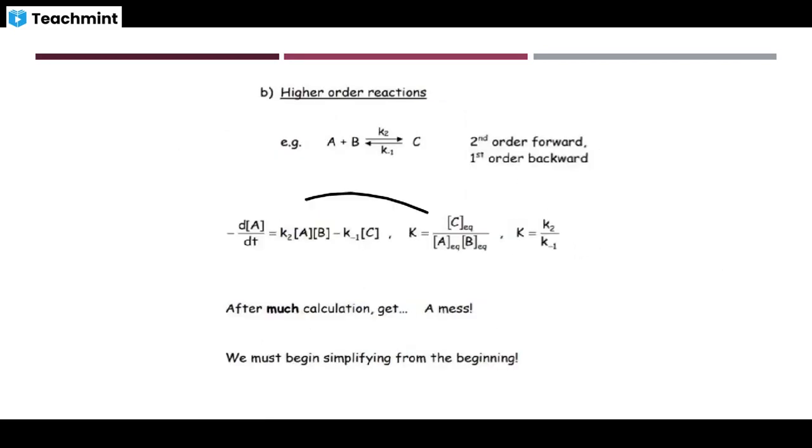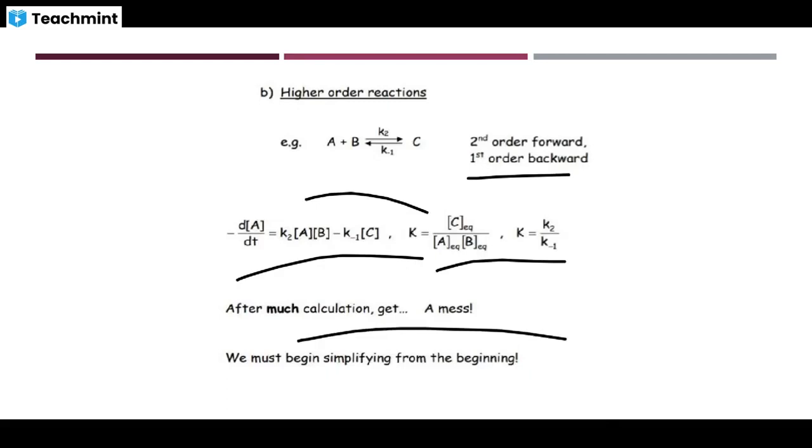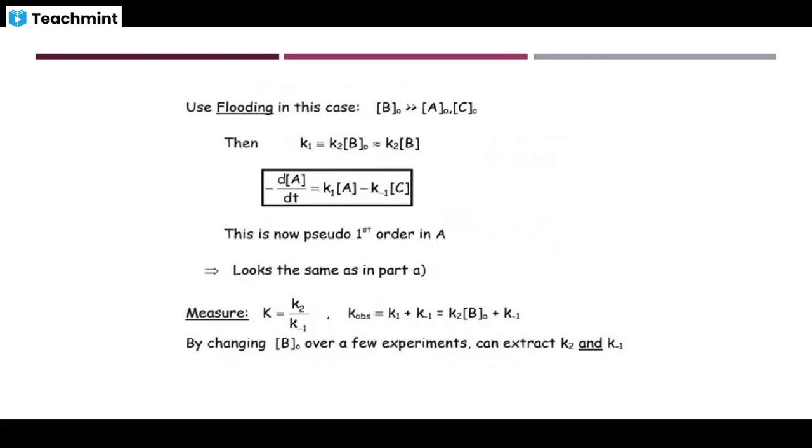So okay, higher order reaction: A plus B, second order forward and first order backward. So dA by dt equals K equilibrium. After much calculation you get this, but simplify from the beginning. Okay, by flooding, with B concentration higher than A and C, then K1 equal to K2 B naught, approximately equal to K2 B. Okay, then dA by dt is nothing but K1A minus K1C.